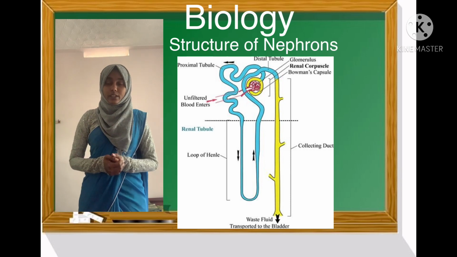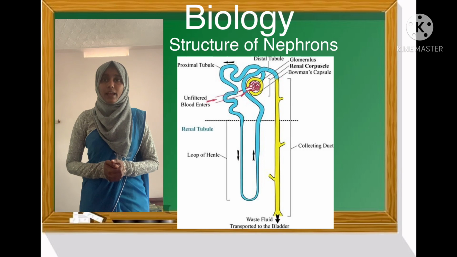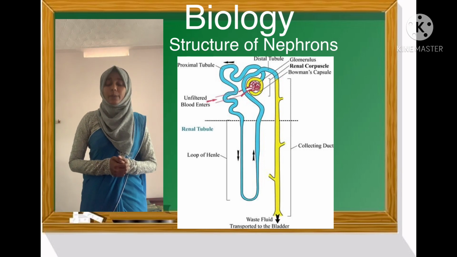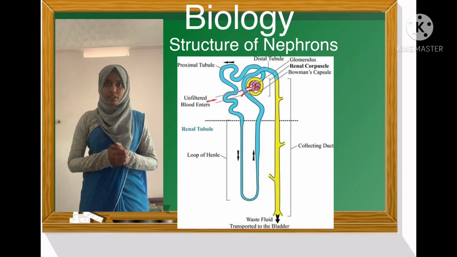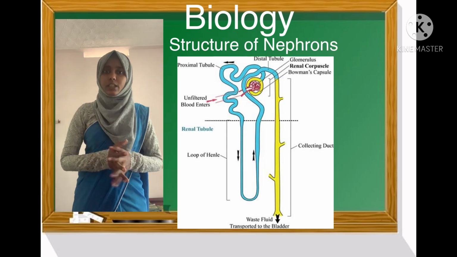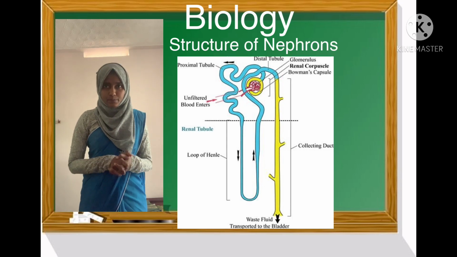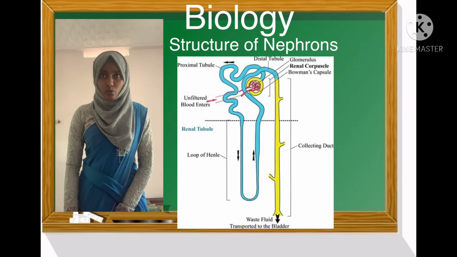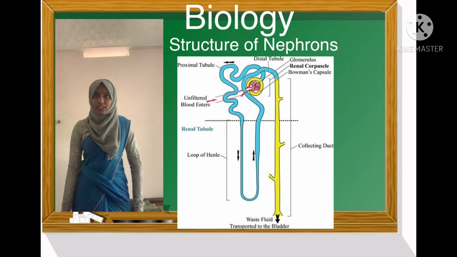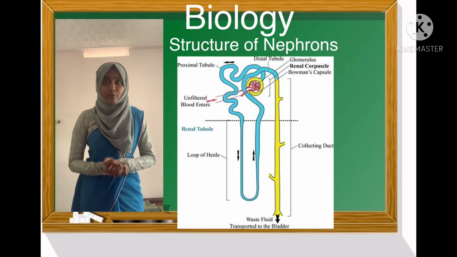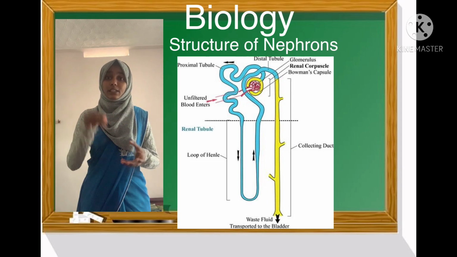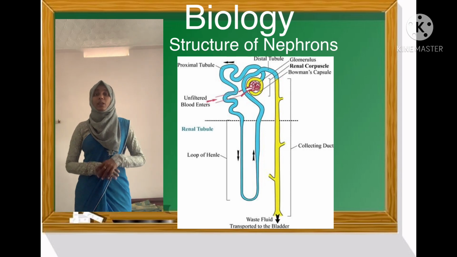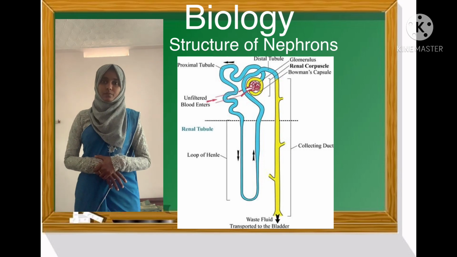And the efferent vessels are blood vessels formed by the fusion of capillaries in the glomerulus.